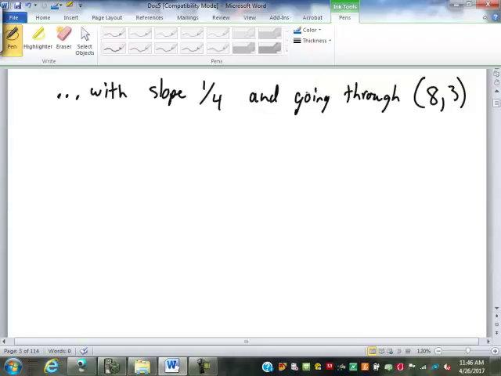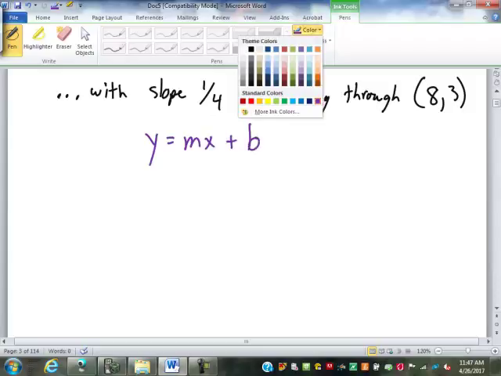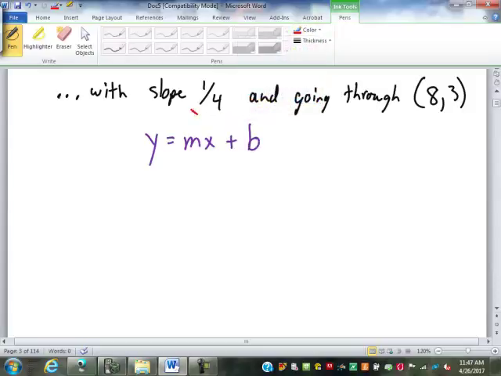So we know it goes through that point 8, 3 at some point, and we know it has the slope of 1/4. So our basic equation, y equals mx plus b, we can put in the 1/4 for the slope, for m. So we know that's y equals 1/4 times x, but we don't yet know what b is, what that y-intercept is.